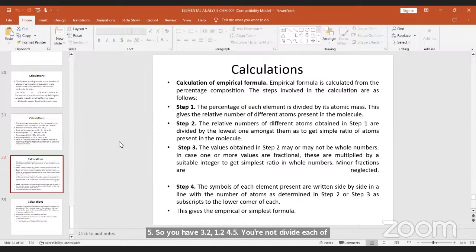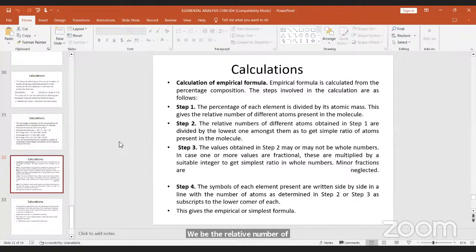In this example, 1.2 is the lowest, so you divide everything by 1.2. Whatever you now get will be the relative number of atoms present in the compound.